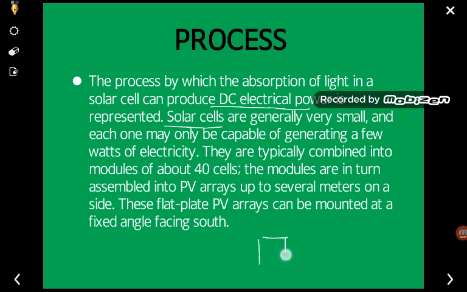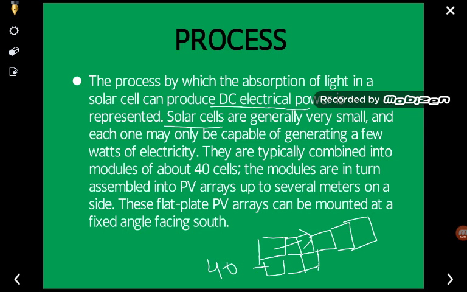Each cell has the capability to generate electricity in a very small amount. So many solar cells are typically combined into modules of about 40 cells, and their energy is concentrated.